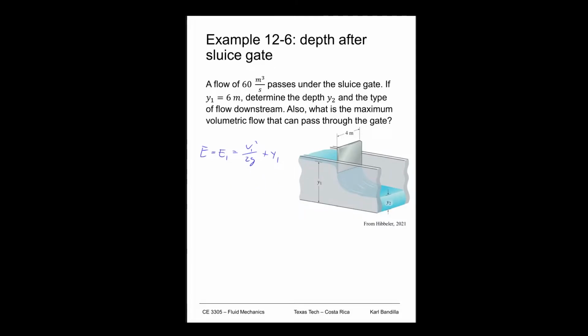All right, but what's the velocity here? Well, if this is far enough upstream, then it's not really moving a whole lot, so we can say V1 equals 0. That means E is equal to y1, and that has to be equal to E2, right? Because we know the specific energy is going to be the same at E1 and E2.